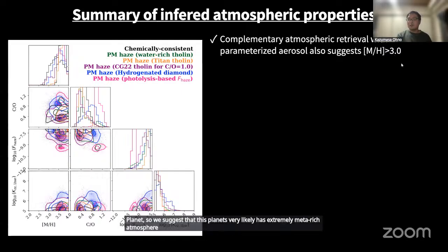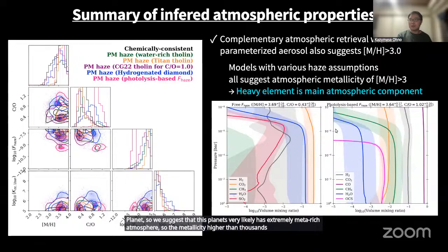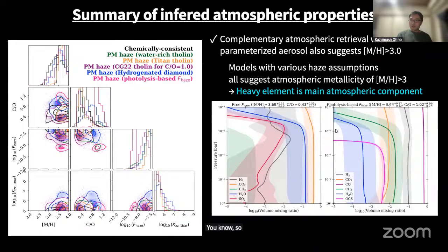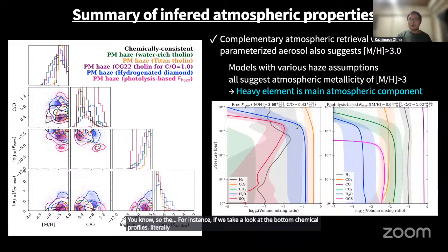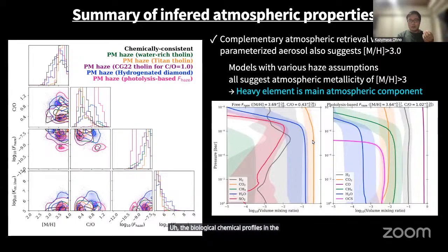The metallicity higher than 1,000 is surprising because, for instance, if we take a look at the vertical chemical profiles in the median atmospheric model, we can see the abundance of CO2, methane, or CO is higher than hydrogen. So basically, the atmospheric main constituent is not hydrogen, but heavy molecules like CO2 or CO.